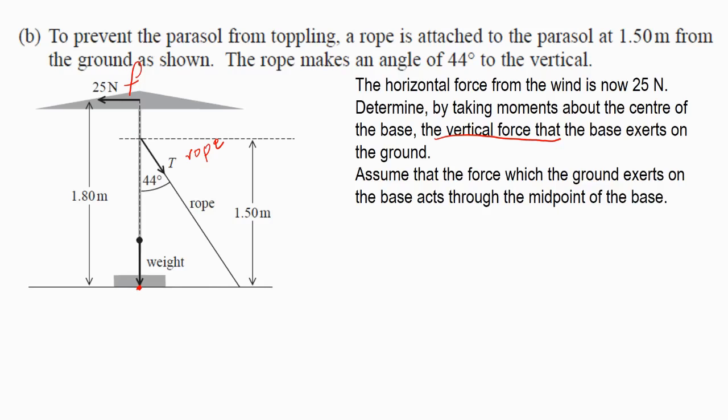How can we resolve a force? If we take it as a tension, then there is a horizontal component and a vertical component, along a horizontal axis and a vertical axis. If the tension makes an angle theta with the vertical, then the vertical component will be T cos theta and the horizontal component will be T sin theta.